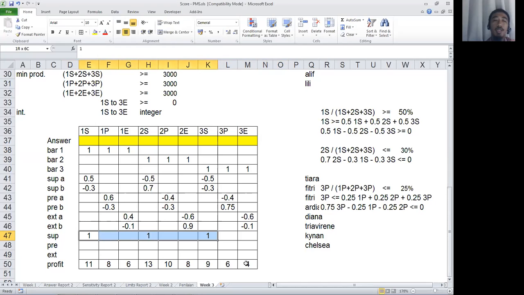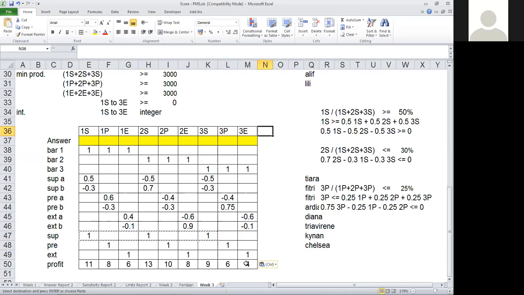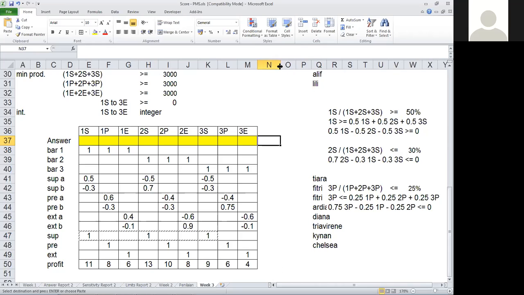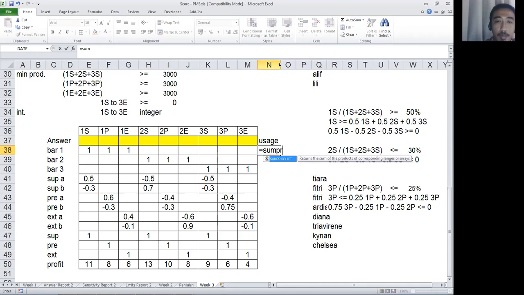Okay, then we can just copy this one here. Then the second column, after all of these parameters, is the column for the usage. Constraint, sir. Yes, usage. So we can use the SUMPRODUCT.